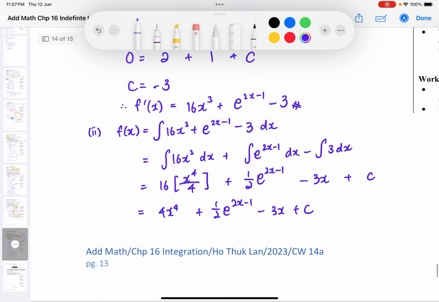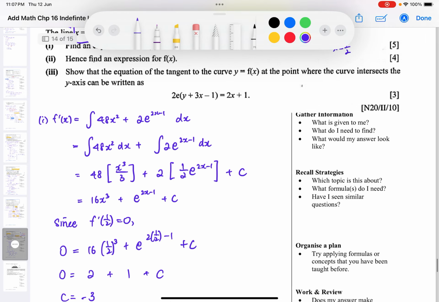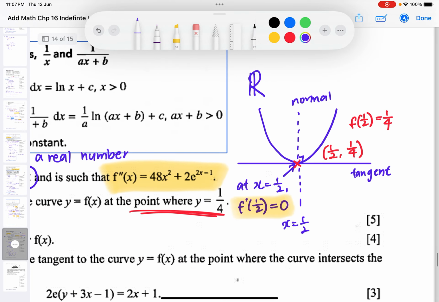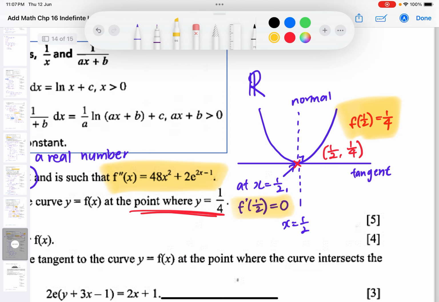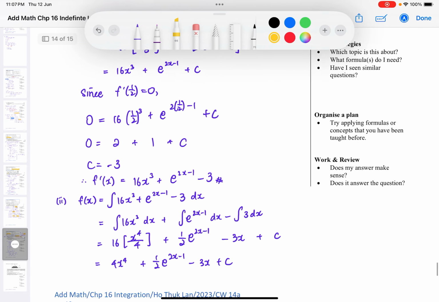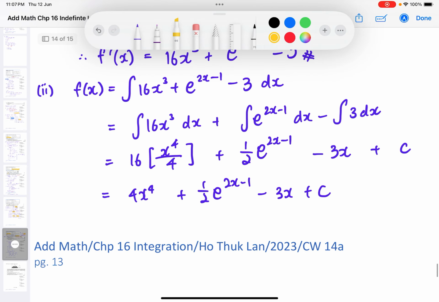Alright, and then I have to find c again. Just now we already understood from that sentence that f of half is 1/4, and hidden within the sentence is the coordinate of the point of the function at x equals to half.